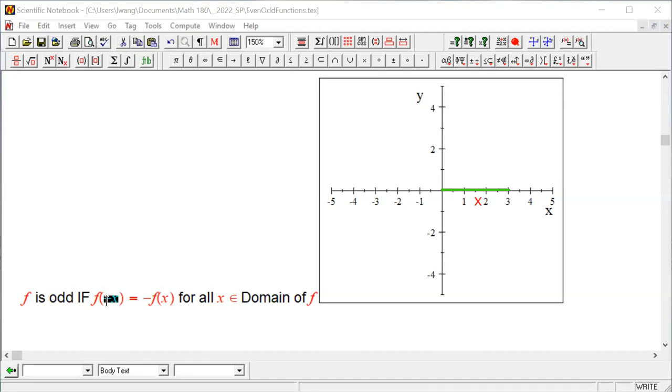Negative X as input. So if this long is X, negative X is going to be on the other side. So I'm going to put this as negative X.